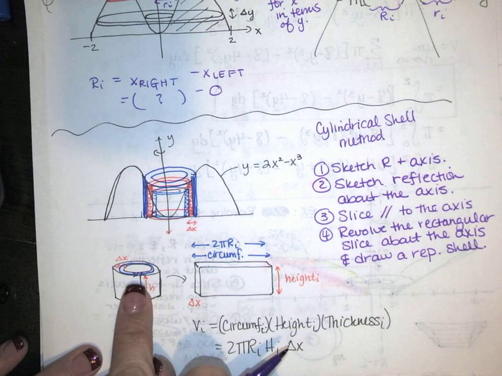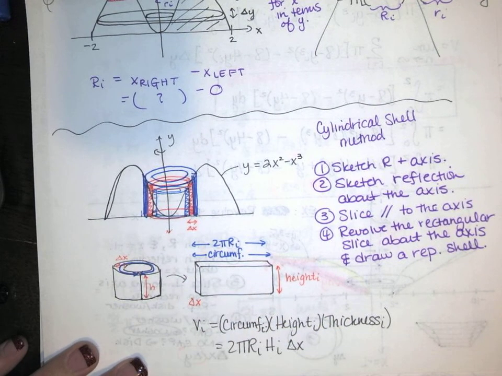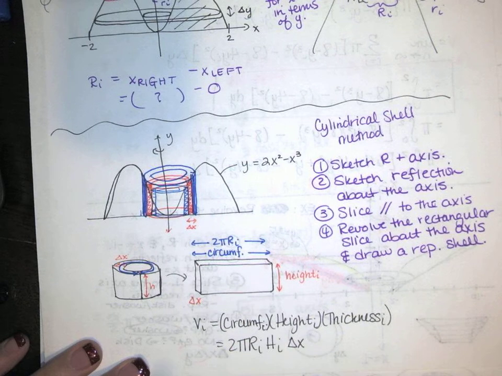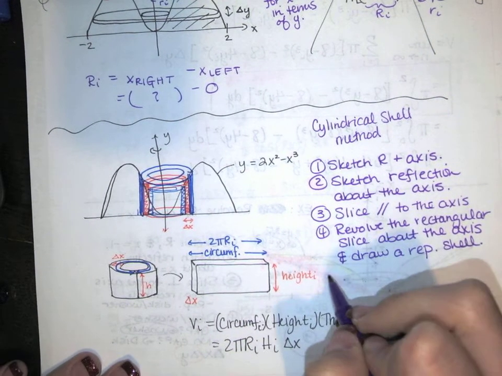Then, once I've got my shell, I cut it down one side, I unfold it, and I get this. And so the volume of that shell is the circumference times the height times delta x, and I get my volume formula.